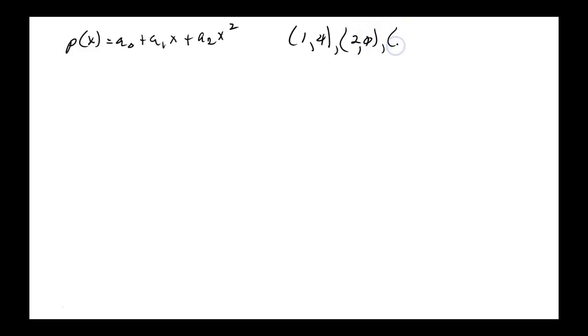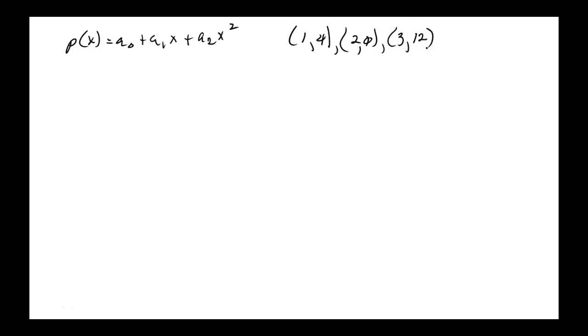Determine the polynomial p of x, which is equal to a sub 0 plus a sub 1 x plus a sub 2 x squared, whose graph passes through these 3 points: 1, 4; 2, 0; and 3, 12.